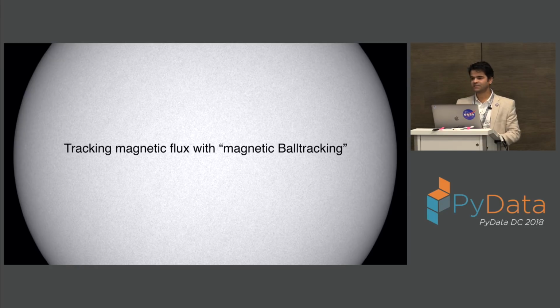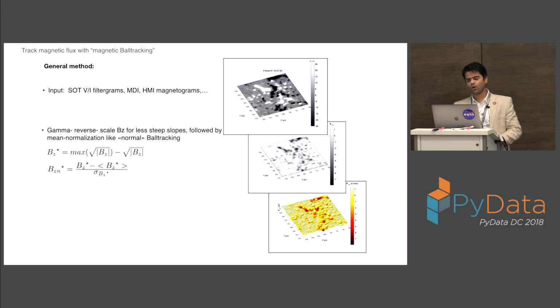All right, next algorithm is, how do we track the magnetic flux? Well, I still use the ball tracking paradigm, but on different data. Those are so-called magnetograms. They map the photospheric cut of the magnetic field, more precisely the line of sight magnetic field, so that is one component of the magnetic field vector.